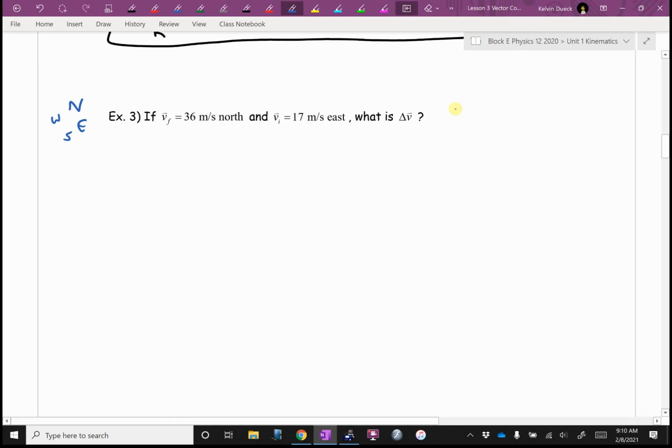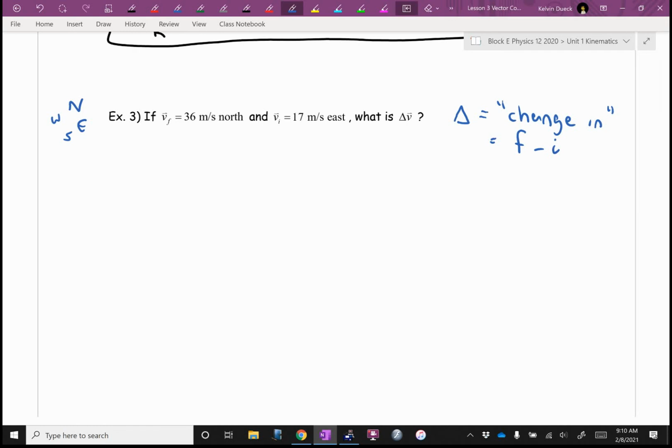You might want to add to your purple sheet that change in equals final minus initial. That's one of the places where you'll end up subtracting vectors if you're finding the change in something, because the change in anything is final minus initial.